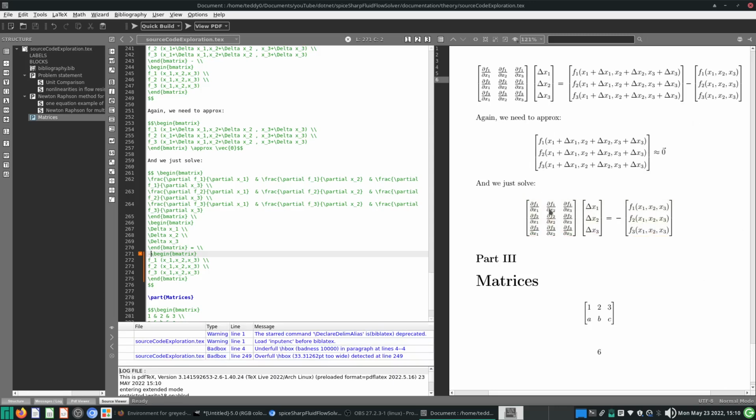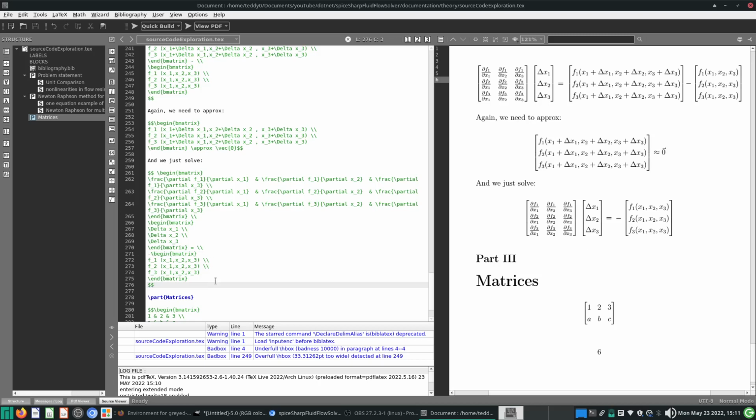So we just have to find the inverse of this Jacobian, or this derivative matrix, which we also call the Jacobian matrix. We need to find the inverse of this, multiply it into the right hand side, and then we'll get delta x1, delta x2, and delta x3 equal to some value, and then we just update our x values accordingly.